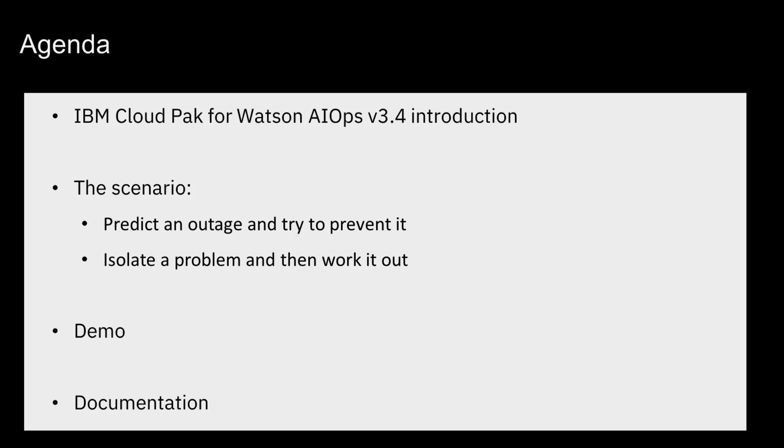The first use case describes how to predict potential outages, if there is a possibility to predict something is going to happen and impact a service in the near future, and how the Cloud Pak is going to detect this and what you can do with it. The second scenario addresses more or less the same thing, but we're not in a preventative mode anymore.